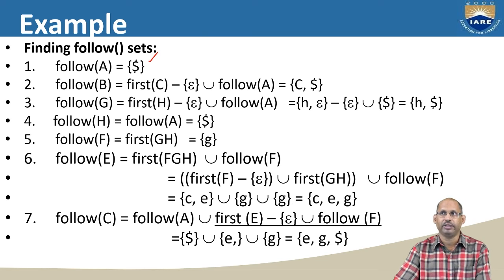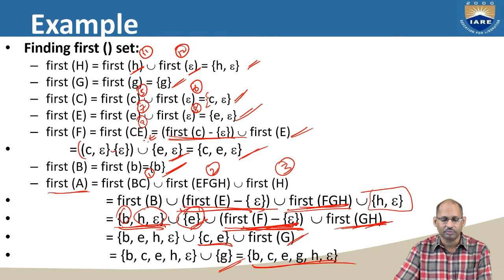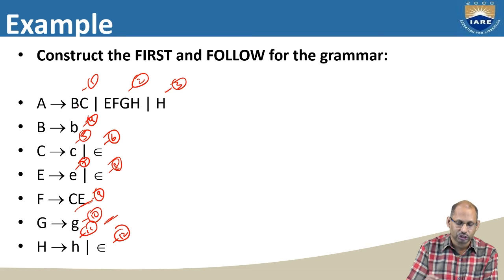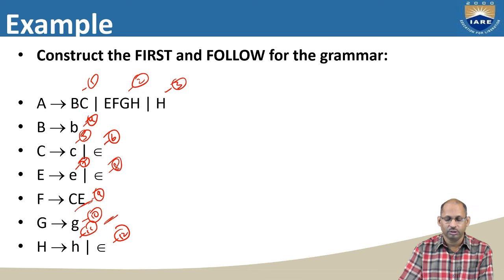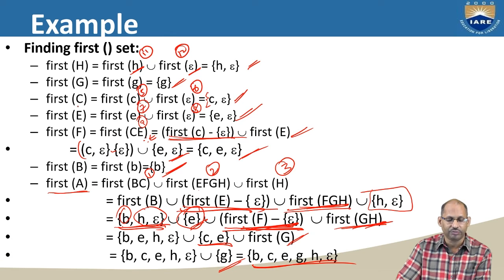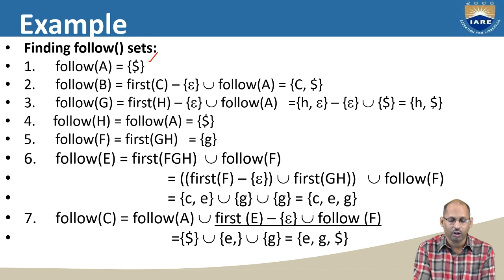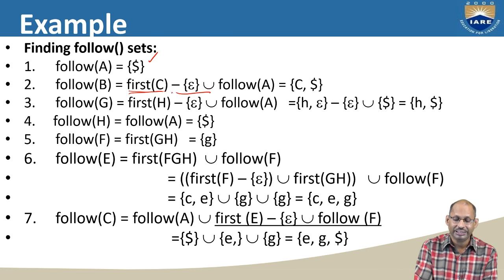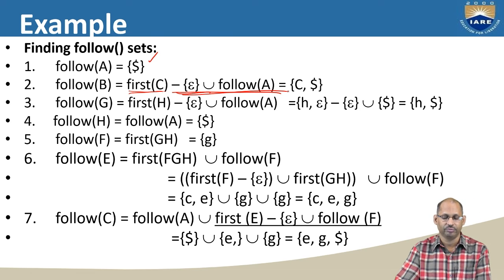Then for B, B is present in the first production and anywhere else? No. So follow of B is first of C. Since first of C has epsilon, minus epsilon, follow of A.